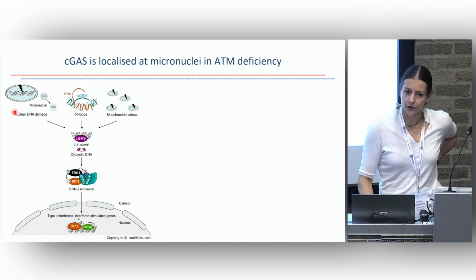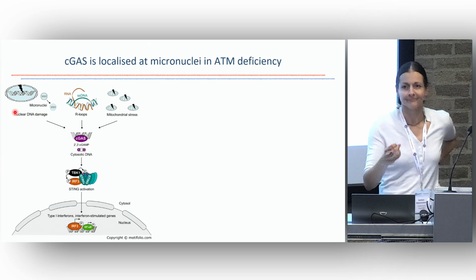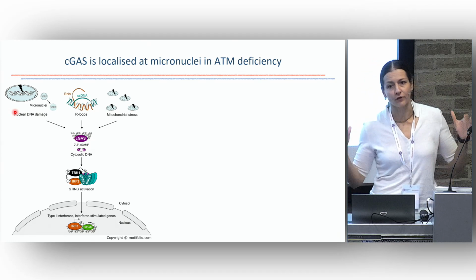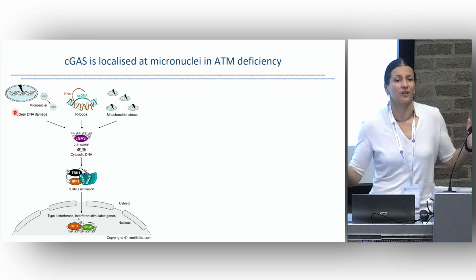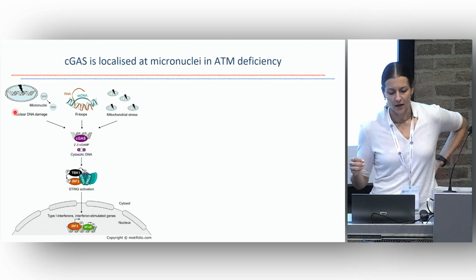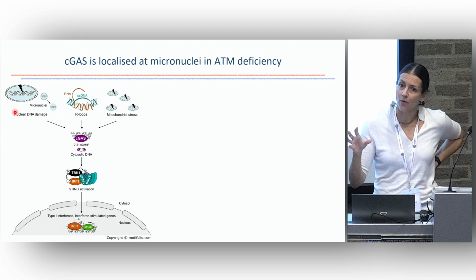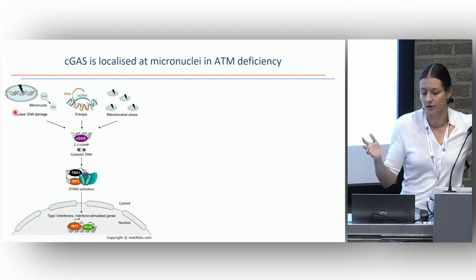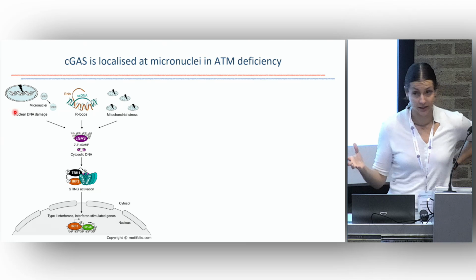In addition, during repair or inefficient repair of DNA damage, we would always have pieces of double-stranded and also single-stranded DNA, which could leak from the nucleus when the nuclear envelope breaks down during mitosis.